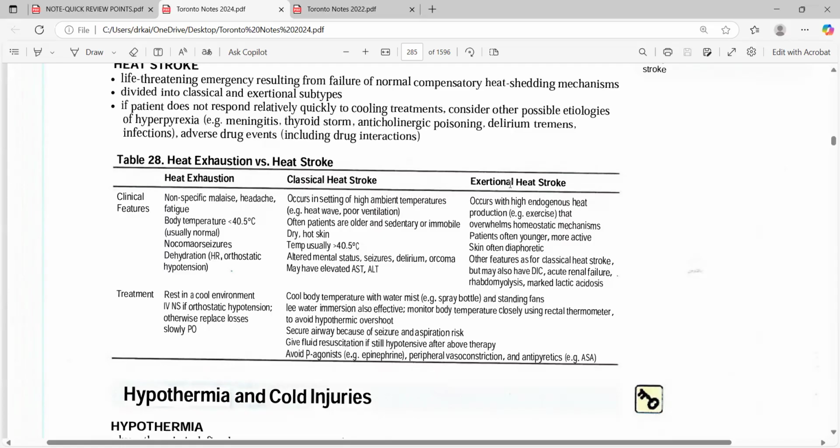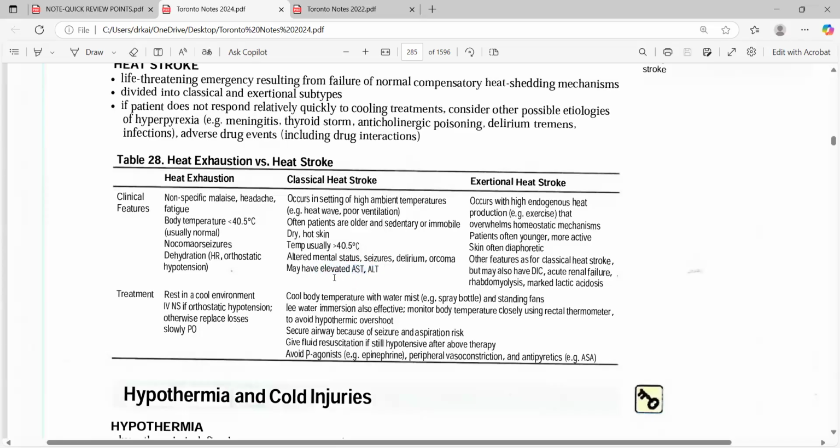But if there is more than dehydration, like mental confusion, dizziness, not being able to stand for too long, that can give you an idea about what is exhaustion and what is a stroke. Then a heat wave or poor ventilation, and maybe altered liver enzymes.